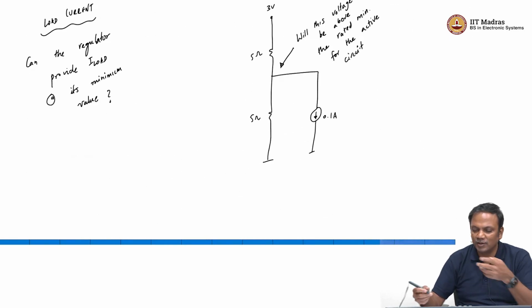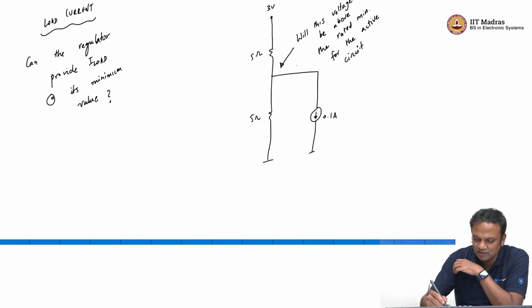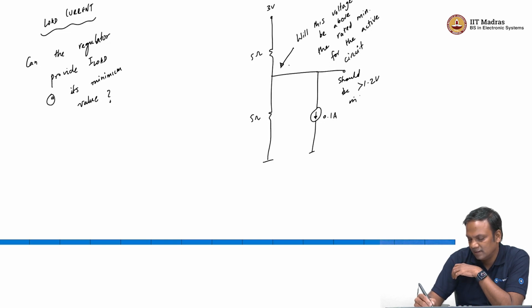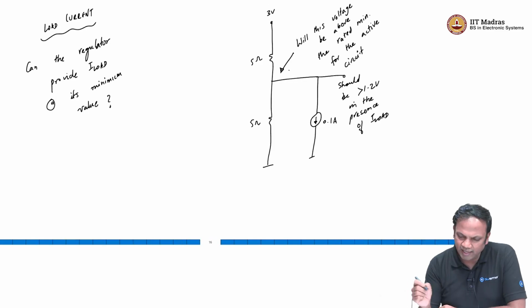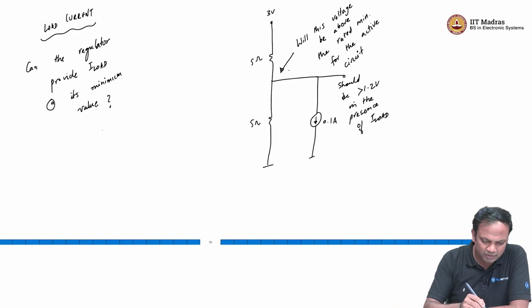So, we can say, okay, now we need to make sure that this voltage should be greater than 1.2 volt in the presence of load. So, the calculation that we had done with respect to load regulation can come in handy now. We know that the load regulation is 250 millivolt.